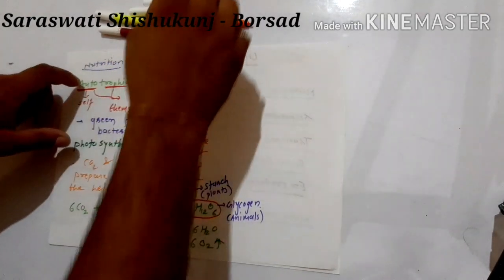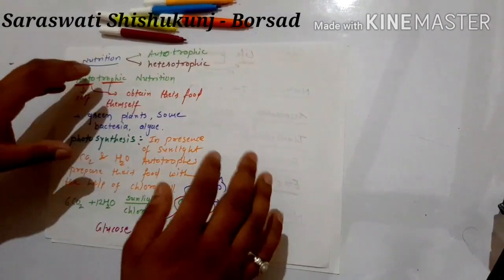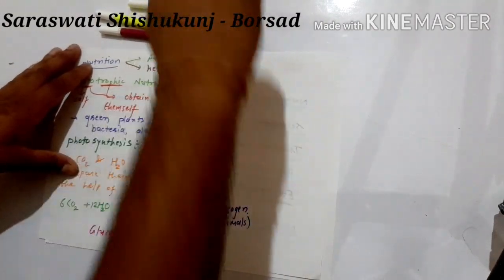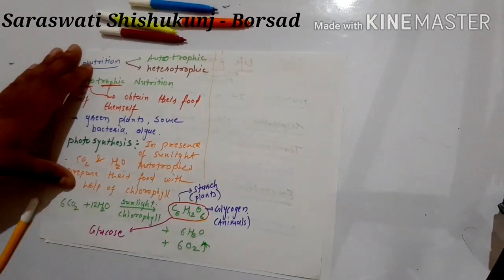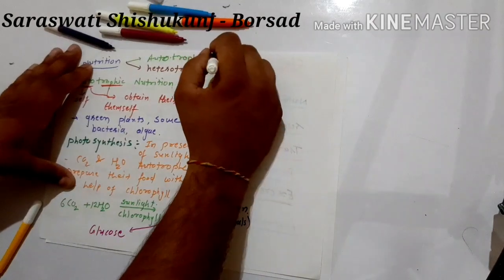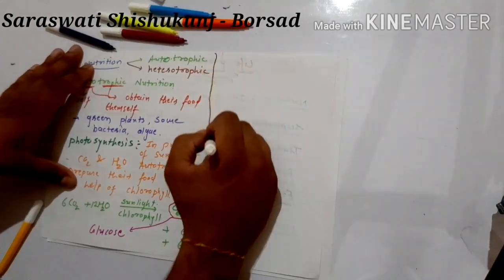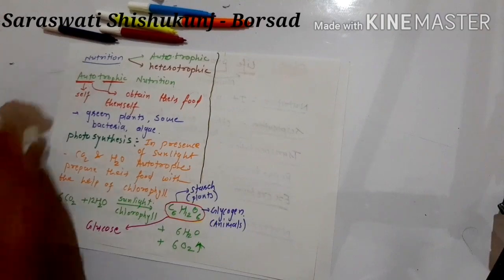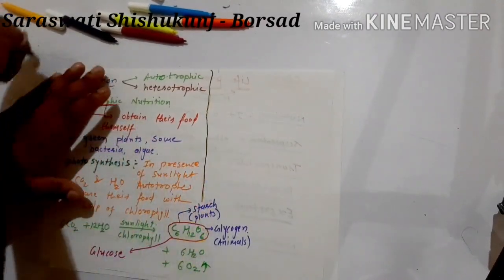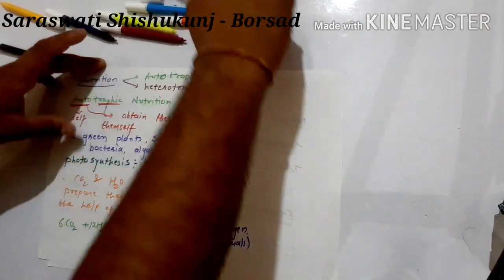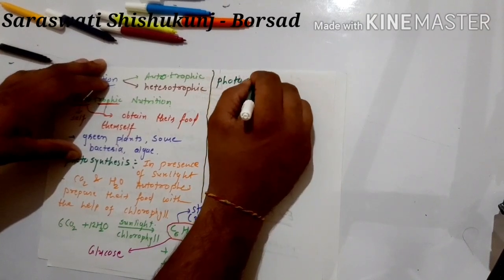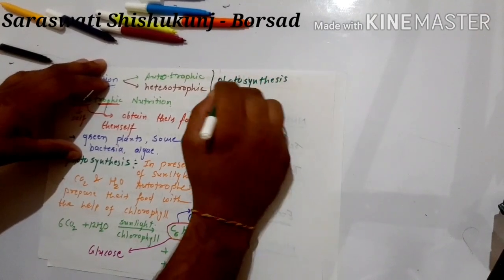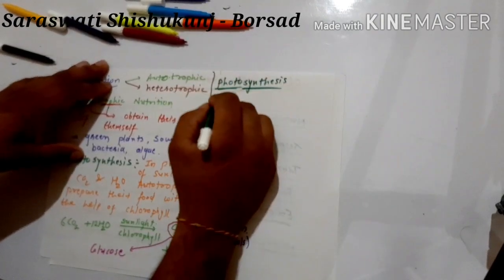Now let's understand how photosynthesis is done, or the events of photosynthesis. It's also a very easy concept. Generally the photosynthesis reaction is done in three steps.